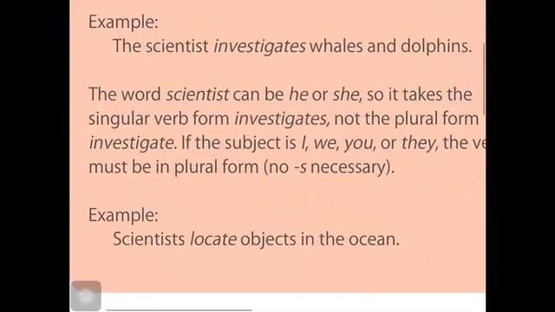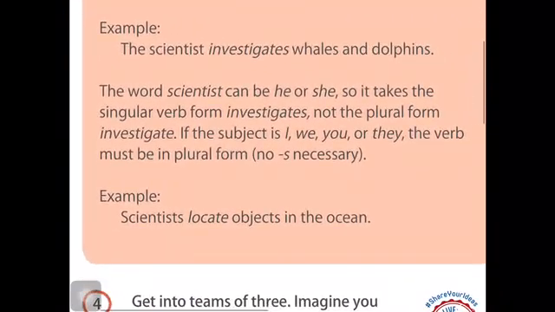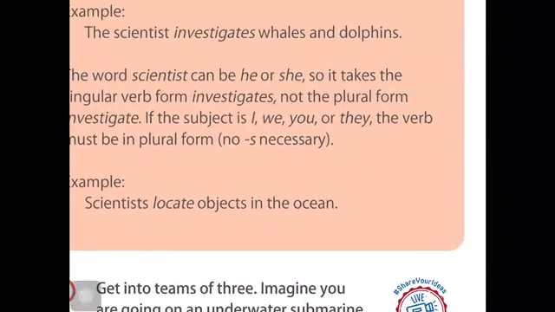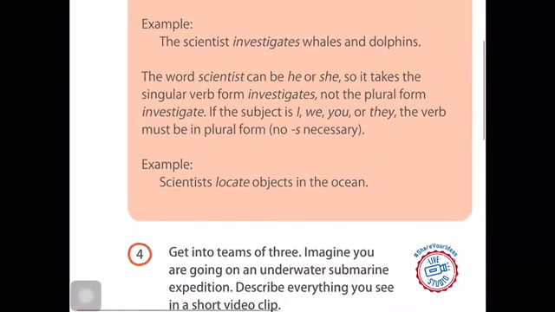Look, scientist is singular, so investigates is in singular. Okay? The word scientist can be he or she, so it takes the singular verb form investigates, not the plural form investigate. If the subject is I, we, you, or they, the verb must be in plural form, so the letter S is not necessary.